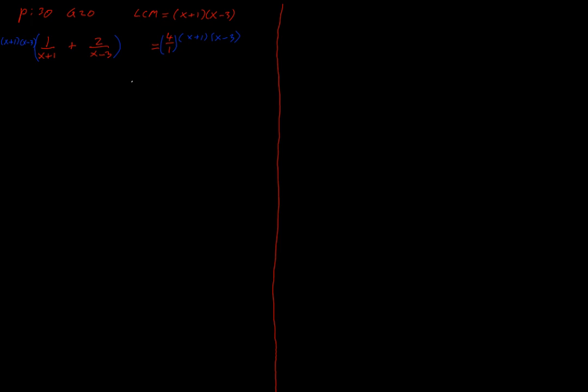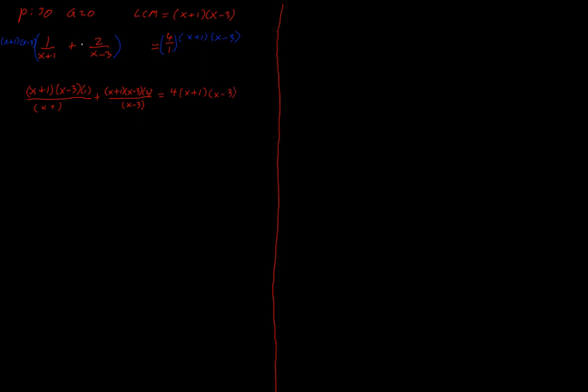So when I do that, multiply what is outside the bracket by each thing inside, I'm going to end up with x plus 1 on x minus 3 by 1 all over x plus 1, plus x plus 1 by x minus 3 by 2 all over x minus 3. And I'm going to get 4 by x plus 1 by x minus 3.